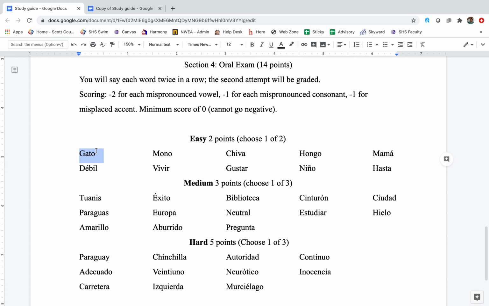And then we have gato, mono, chiva, hongo, mamá, débil, vivir, gustar, niño, hasta, tuanis, éxito, biblioteca, cinturón, ciudad, paraguas, Europa, neutral, estudiar, hielo, amarillo, aburrido, pregunta.